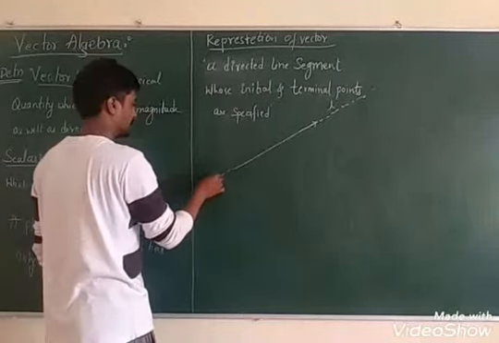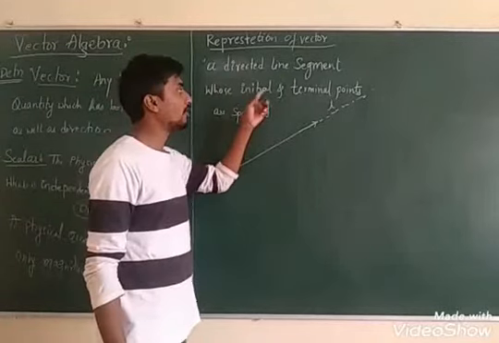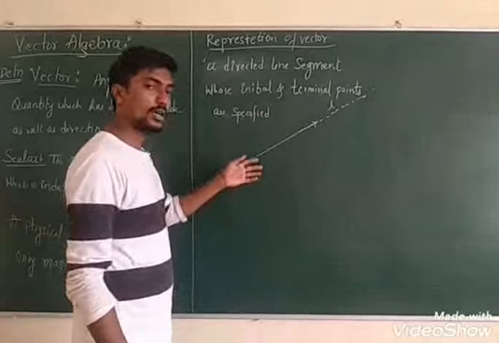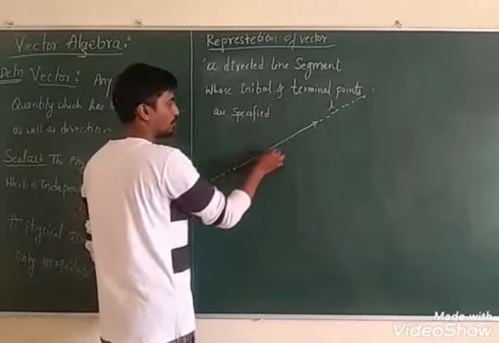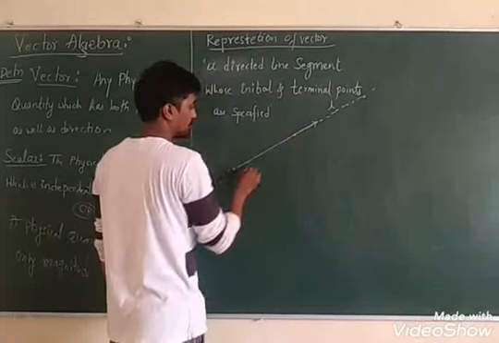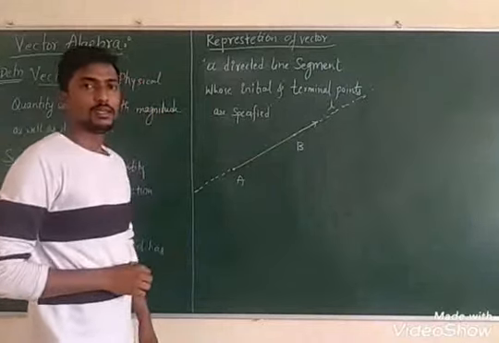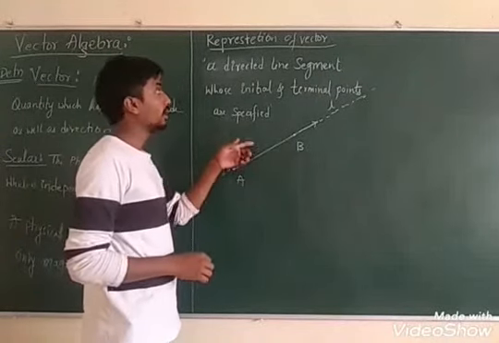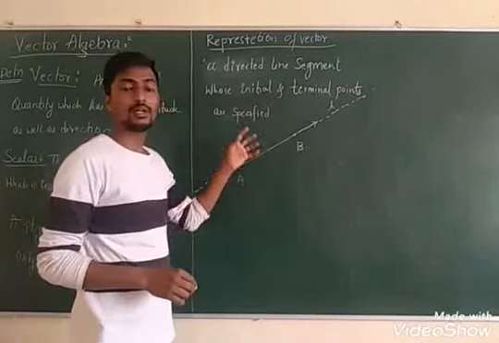Now I will consider a part of this line, the segment of this line which is along the same direction. There are two points I will consider here, point A as well as point B. This is the vector: the directed line segment whose initial and terminal points are specified.